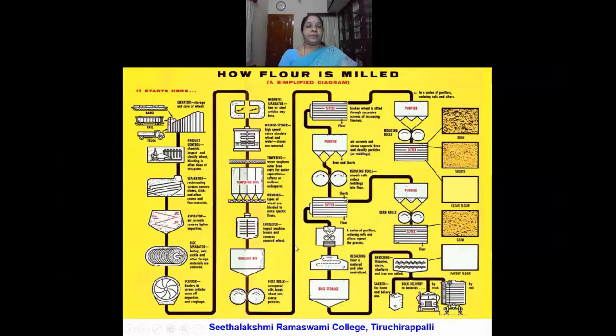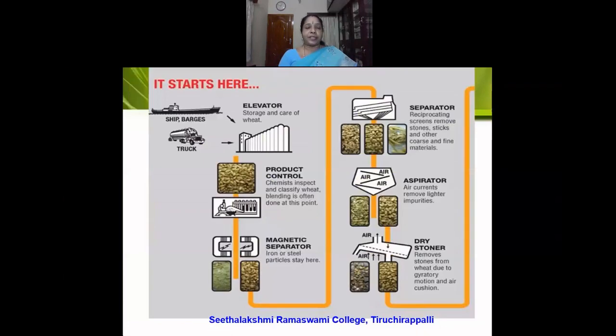And this figure shows the process involved in the milling of wheat. This is a large figure, and I have split it into various portions. You can see here the wheat grain comes in trucks to the factory, and here the quality of the product is analyzed.